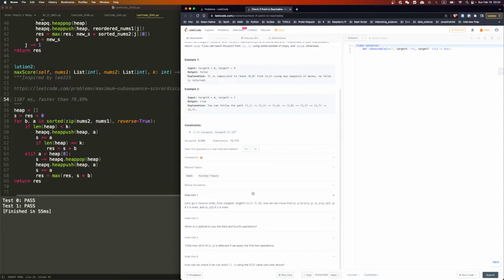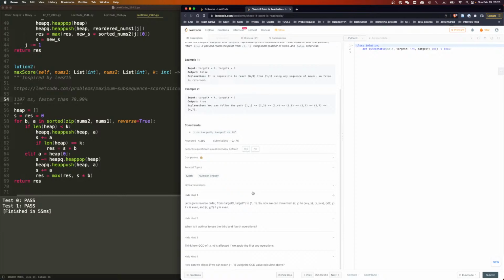The GCD value is still there. And what happens if you divide? Well, if you divide, the GCD is still there. Are you telling me that the two have to be coprime in order to reach? I don't believe this.